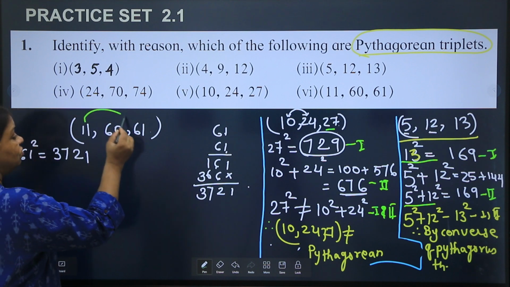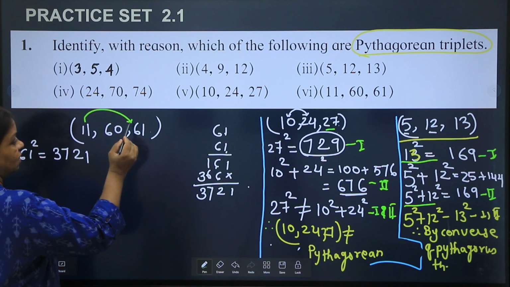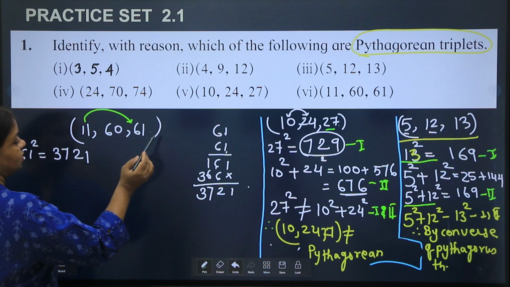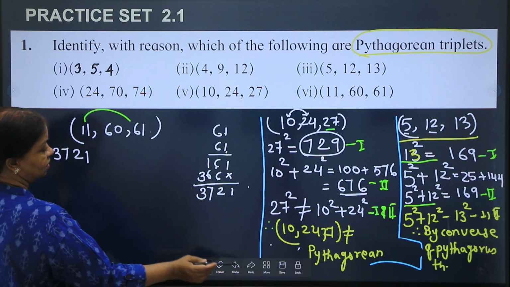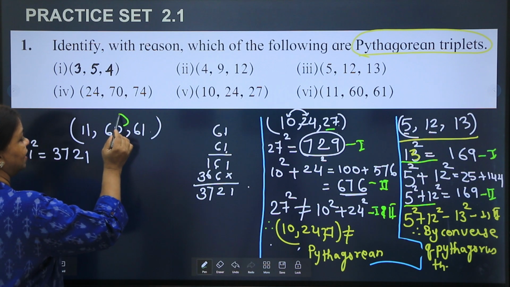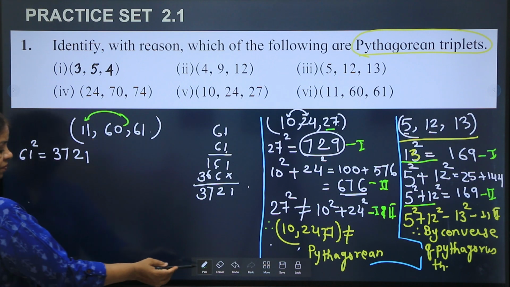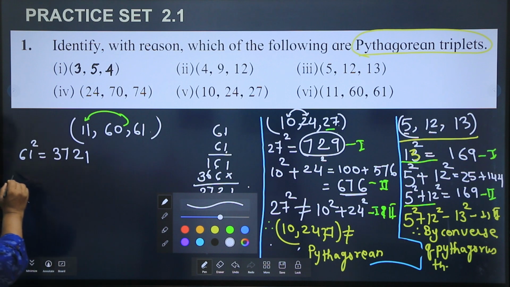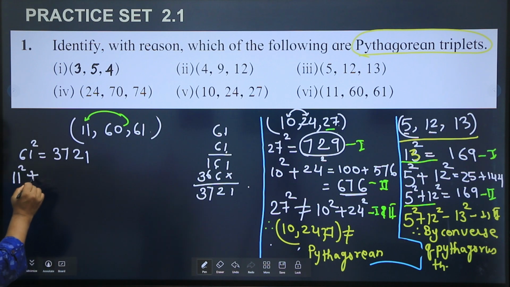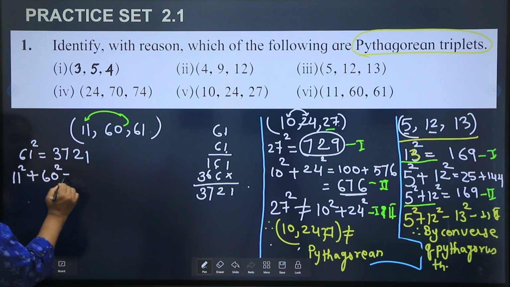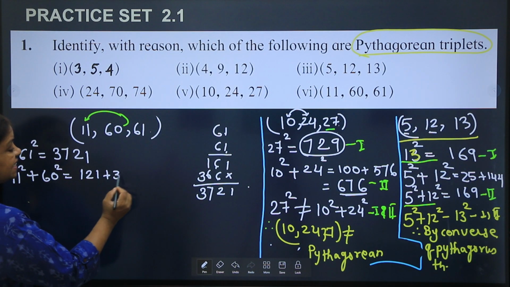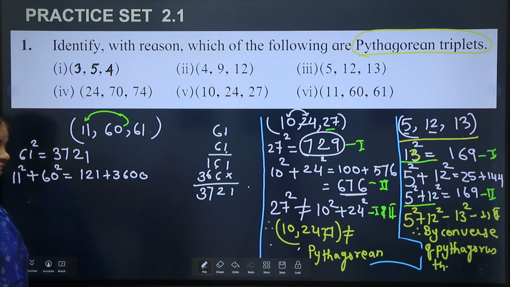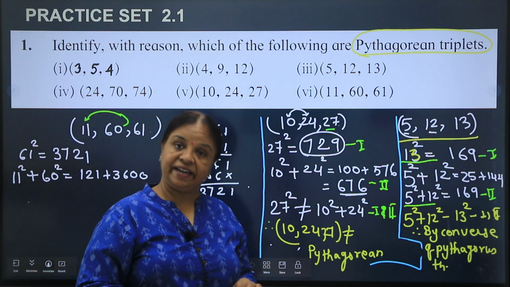Now find the sum of the squares of 11 and 60. So 11 square plus 60 square, which is 121 plus 3600. 60 square is 3600, children.